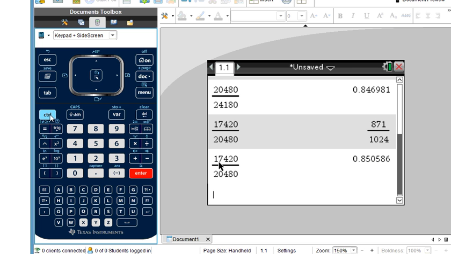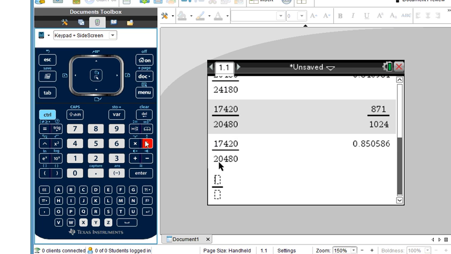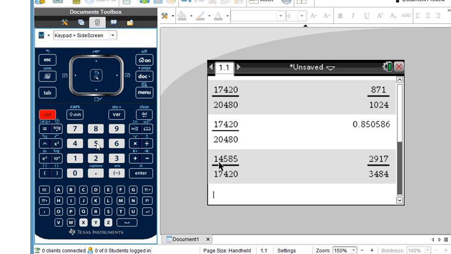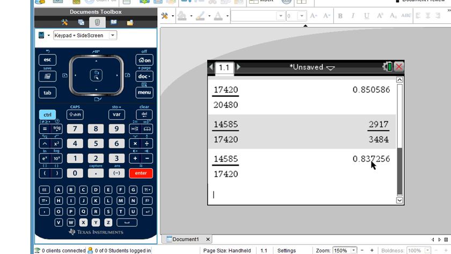So we'll do a couple more. We got 14,585, and we're going to divide that by 17,420. Okay, Control Enter, get our decimalized version. So about 84%.